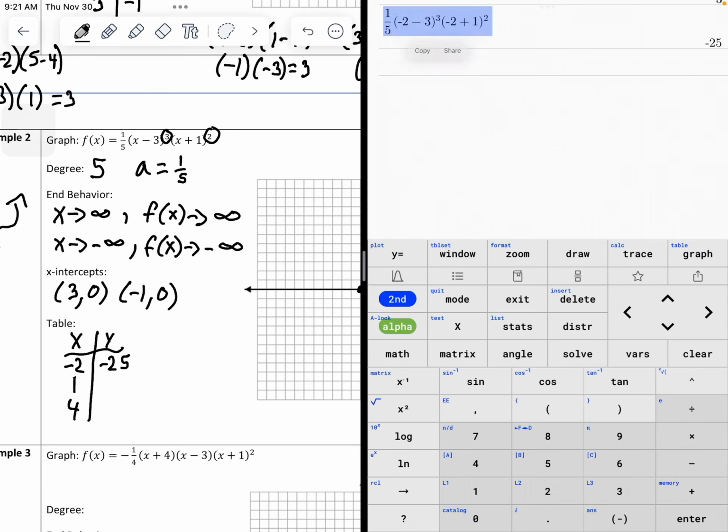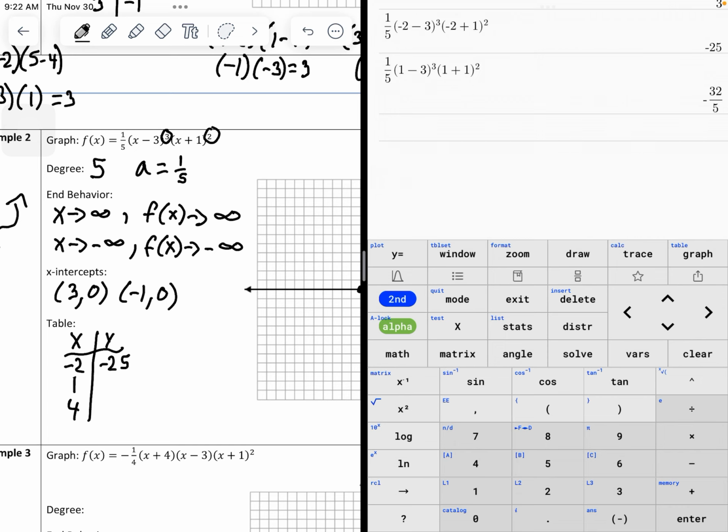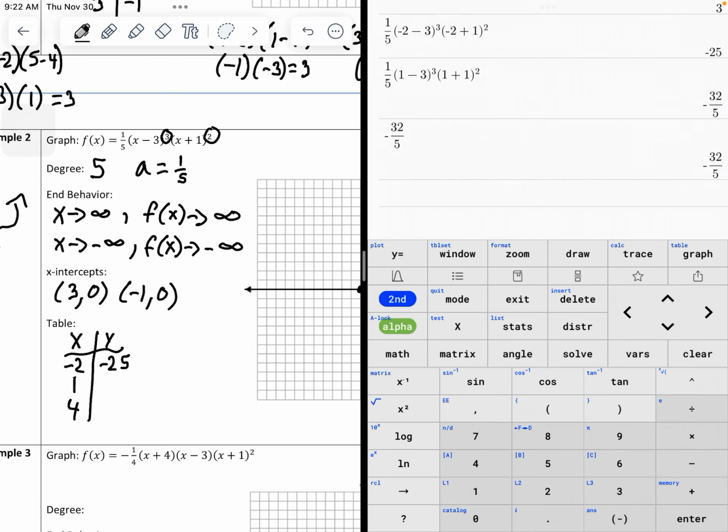We'll make that work. We got -25, and then we're going to just copy and paste this. We're going to save ourselves some time, and then we're just going to change out the x values. So instead of -2, I'm going to replace that with 1. I'll go over here, delete, delete, replace that with 1. And now I get -32/5, which if you want that answer, we can enter that and then just hit math.